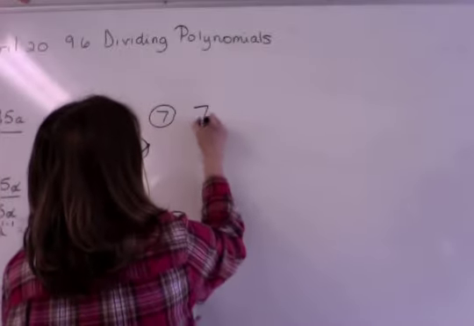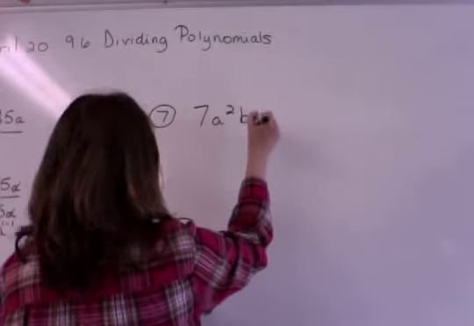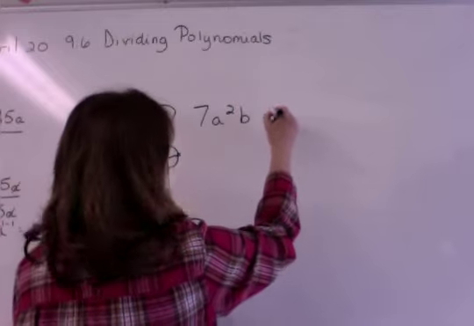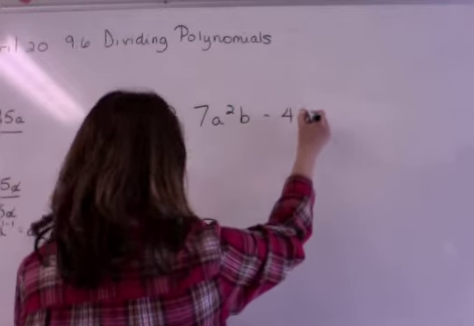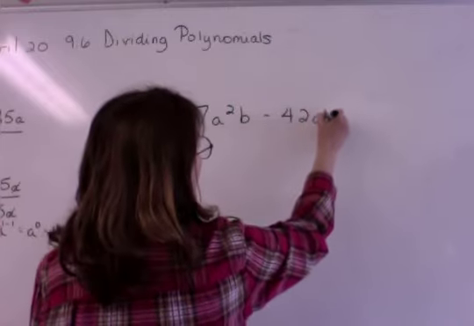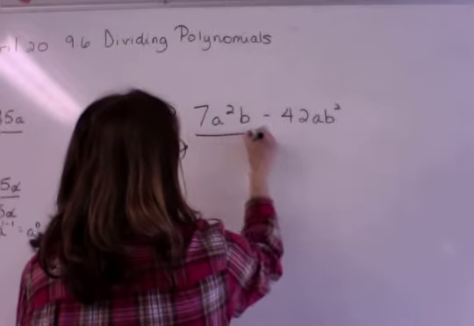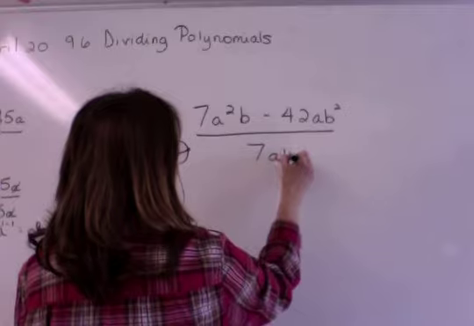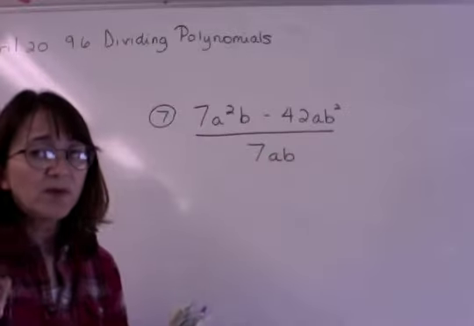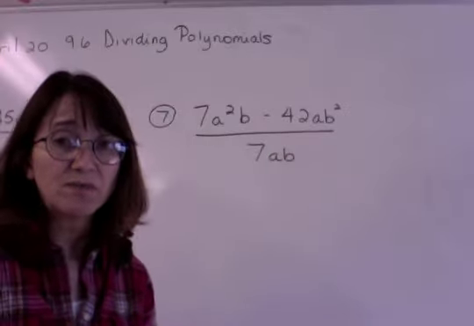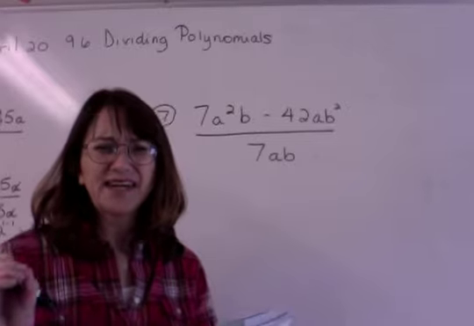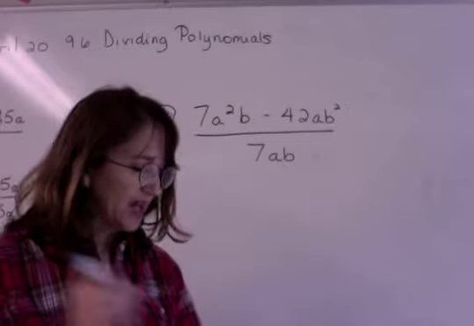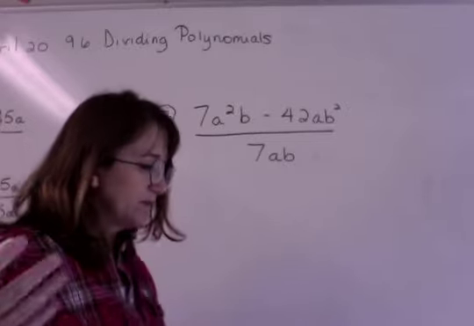7 looks like 7a squared b, and then I'm subtracting 42ab squared. I'm dividing that by 7ab. Remember, just to keep myself from being messed up, I should say I need to distribute that. And that's exactly what my book is doing.